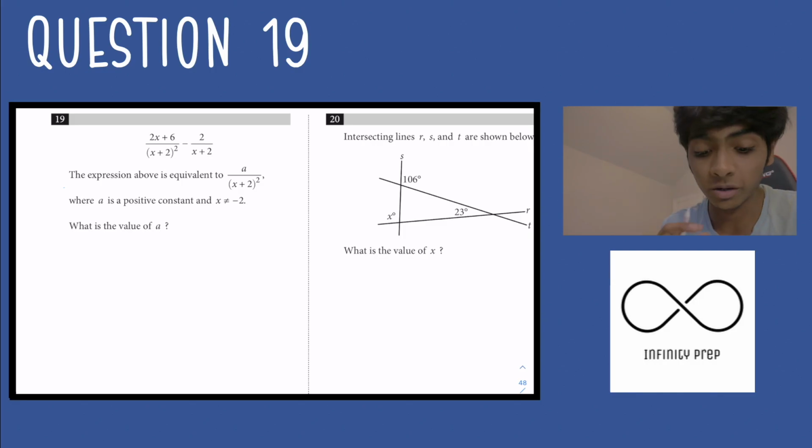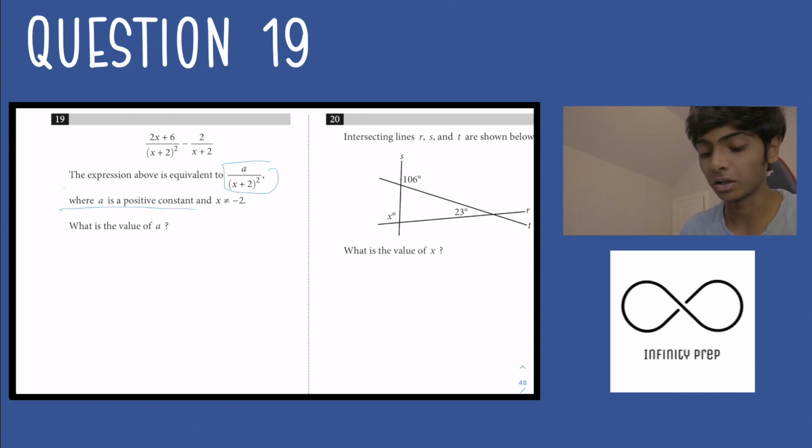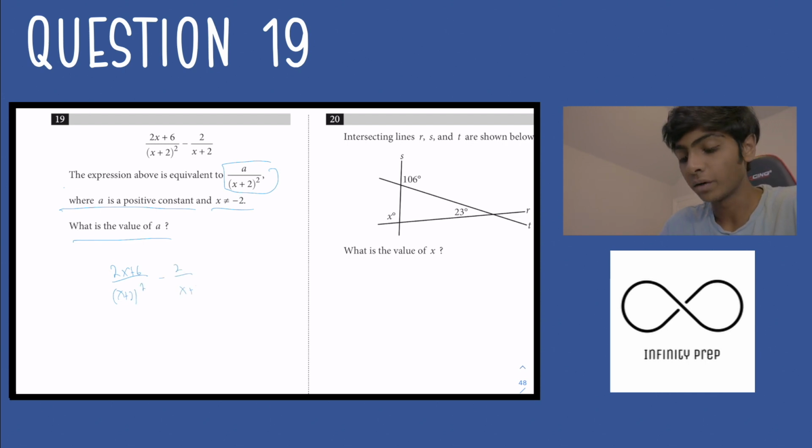So now let's go on to number 19. Number 19 states that the expression above is equivalent to a over (x plus 2) squared, where a is a positive constant and x is not equal to negative 2. What is the value of a? Okay, so we want to get this expression in terms of a over (x plus 2) squared.